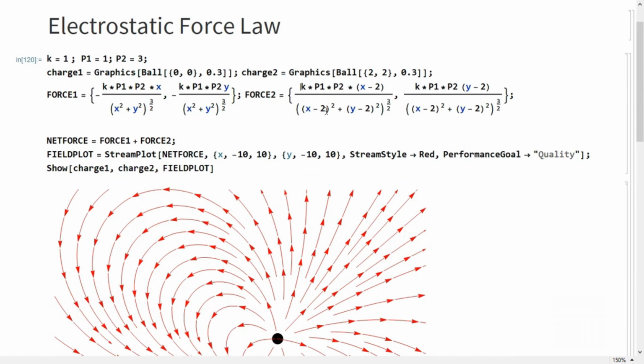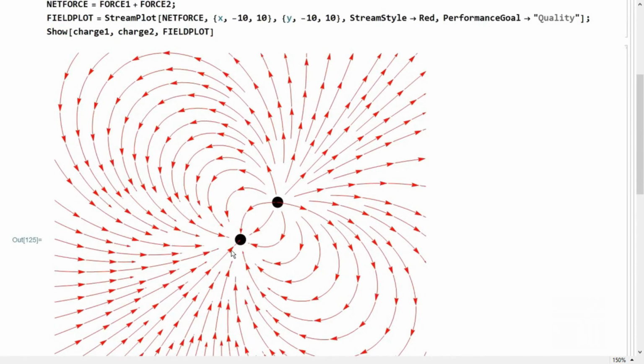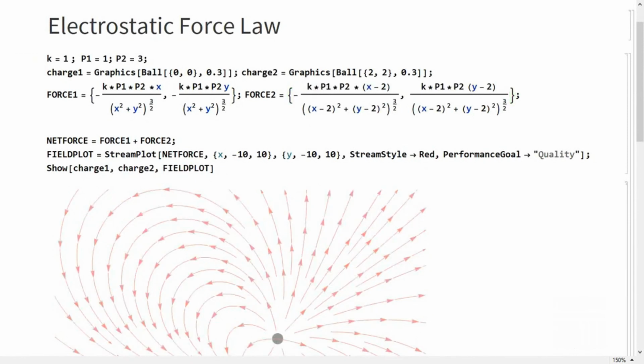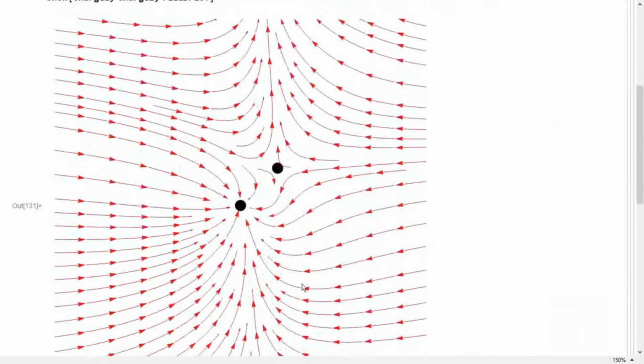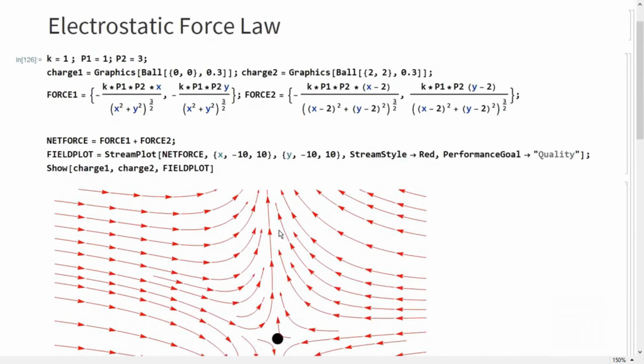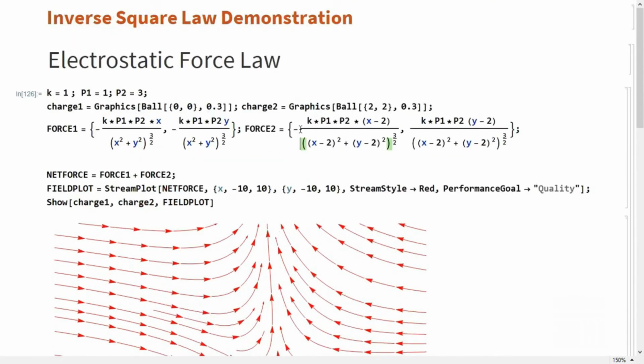So let's try to see what happens if two of these charges are, so one of this is positive, another one is negative, right? But let's take both of them to be negative and see what happens. Again, you can see, as you would expect, that all the field lines, that is all the streamlines are coming in, but around these 2 points they are kind of repulsing, or you know, they are just rippling each other.